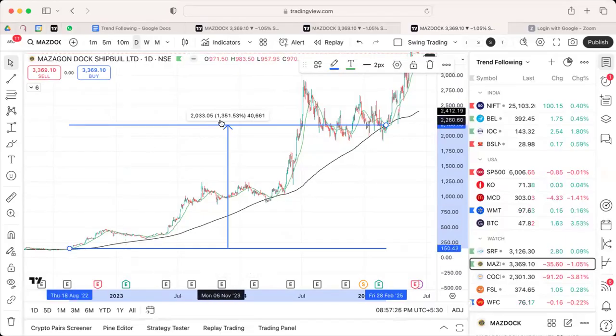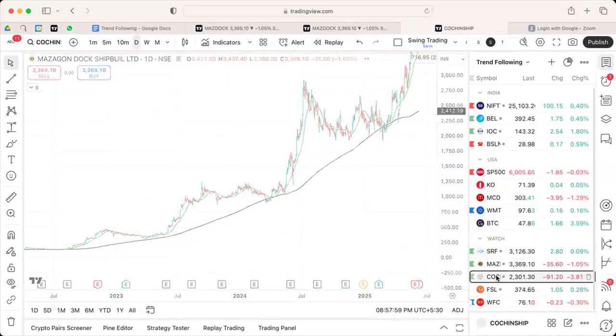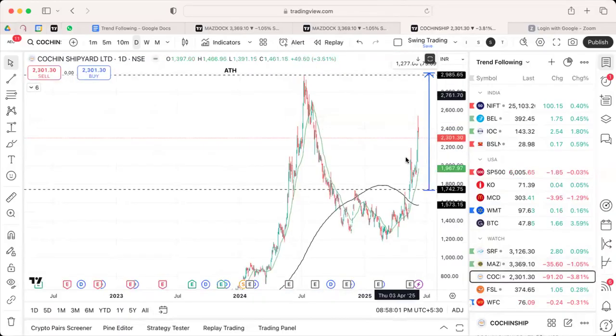That was 1,351% in 2.5 years. So as I said, when you enter maybe 3 to 5 companies like this, you may run into some companies that didn't really make you much profit, but then in between you'll find some companies that will go like this. As long as you stay in the trade, as long as the 20 is above the 200, look what's happened. Will all of them move like this? No, they won't. But still, this gives you an example of how you can handle this.